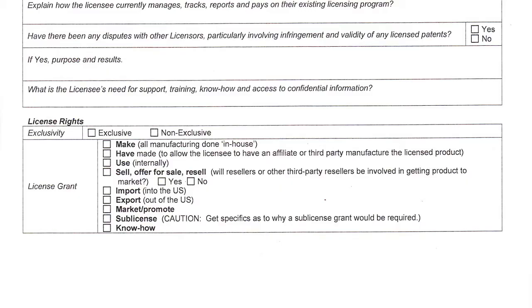Now, when we talk about licensing, there are lots of pitfalls, but one of the biggest is a simple word, and you've got to make sure you don't fall prey. It's on your paper under license rights: the word exclusivity, whether exclusive or non-exclusive.